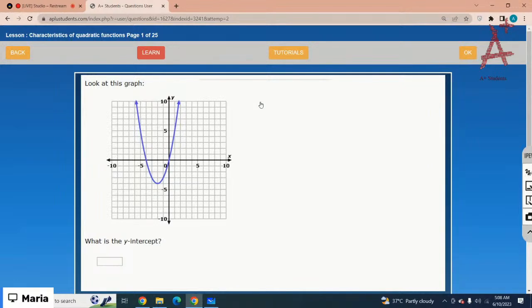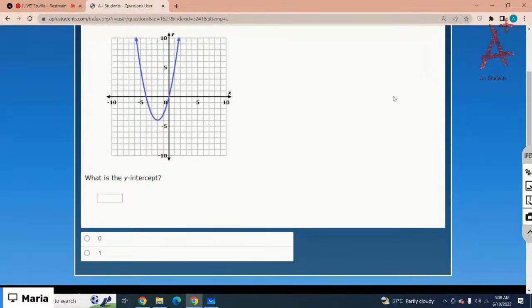So you have to calculate the y-intercept. Y-intercept means the point where the graph is touching the y-axis. So that is the origin of the graph, that means here the y-intercept is 0. So the correct option is 0. Got it?